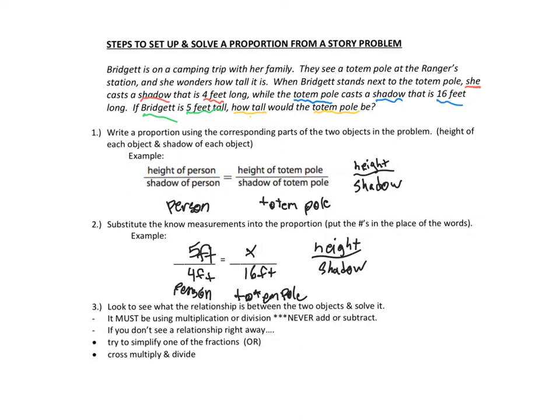So we cross multiply 16 times 5 and get 80. Then we're going to divide by 4, which would give us 20. So the height of the totem pole would be 20 feet tall.